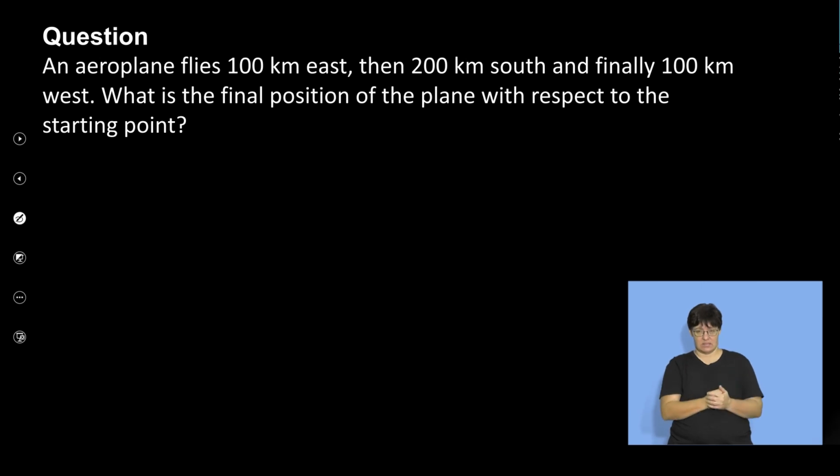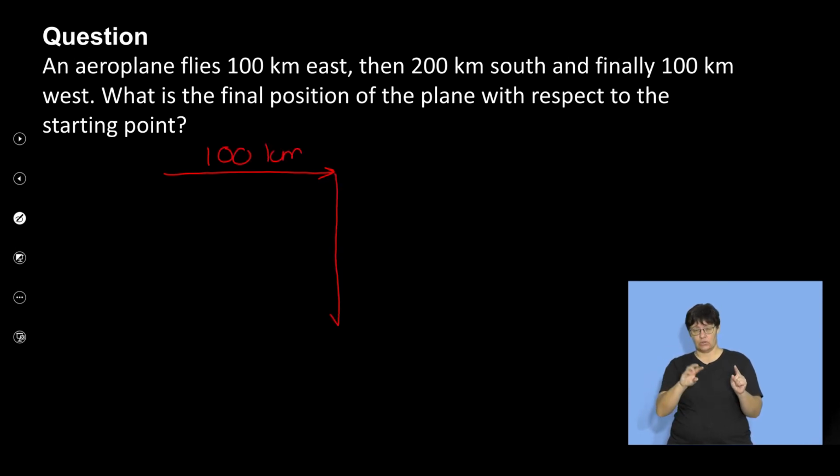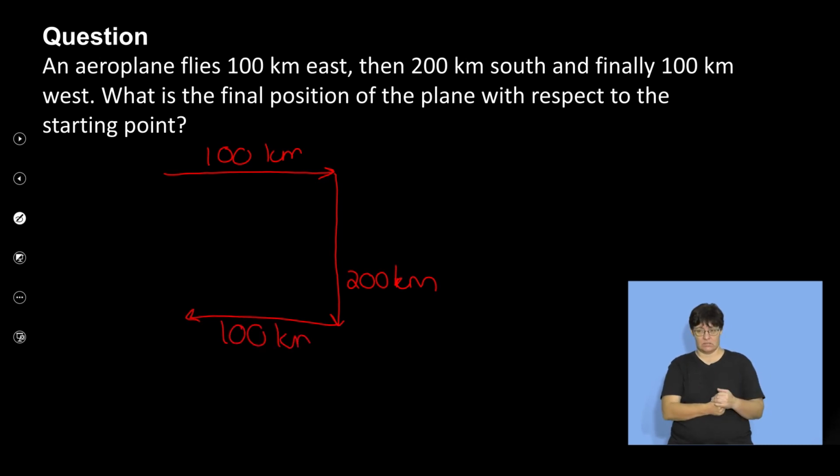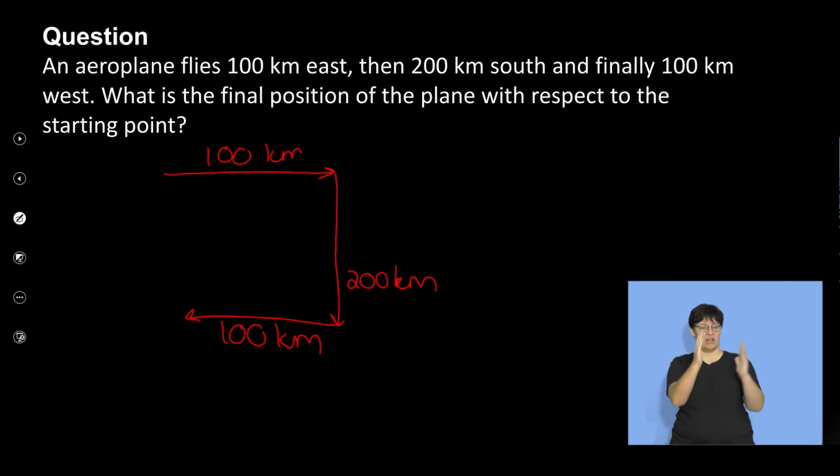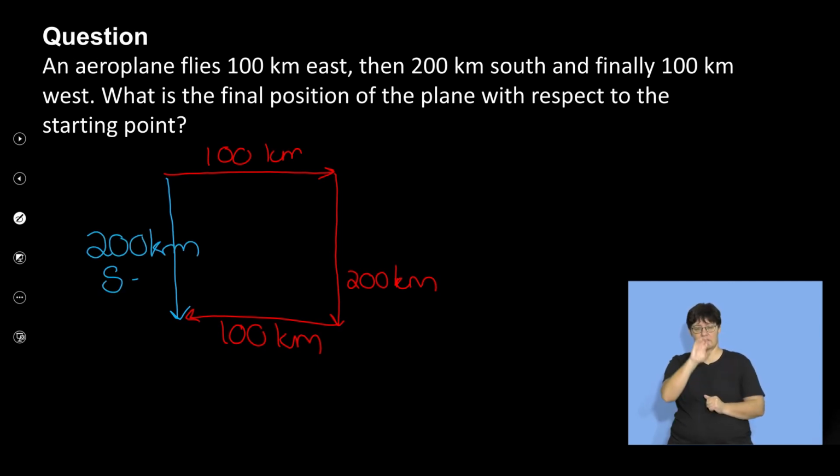And it sounds more difficult than it is, because the plane went 100 kilometers east, then it went 200 kilometers south, and then it went 100 kilometers west. And hopefully, you guys can see that what we've done is we've created a rectangle. There's its displacement. It would be 200 kilometers south.